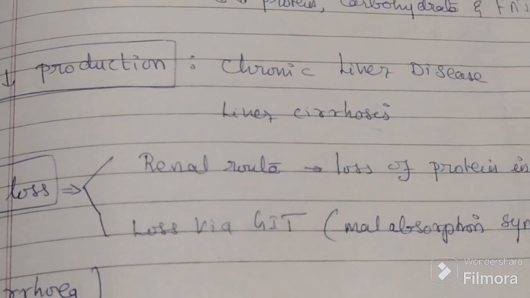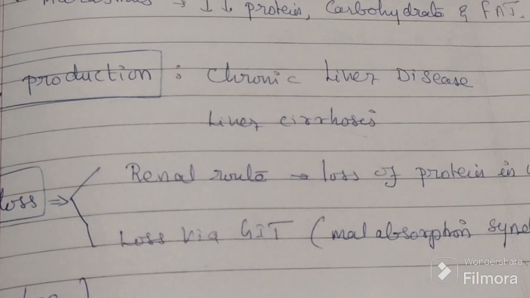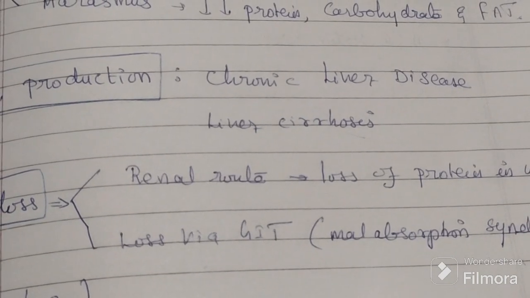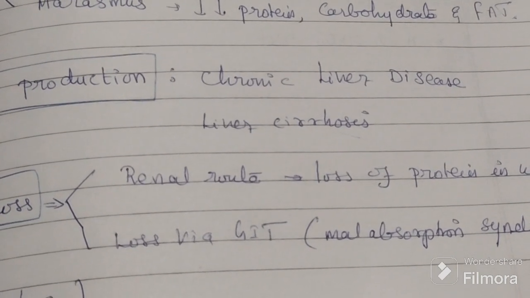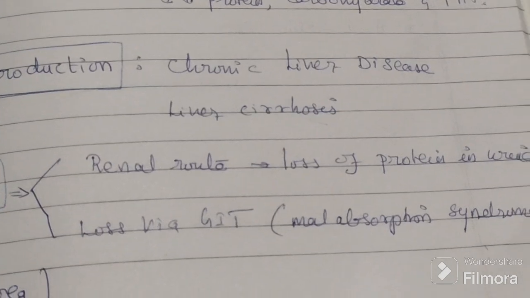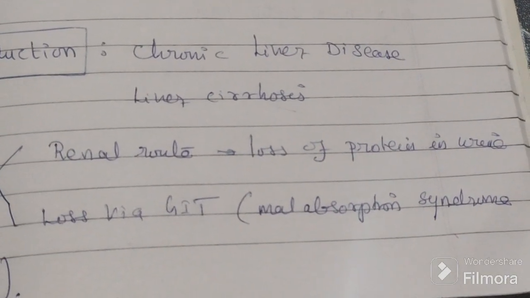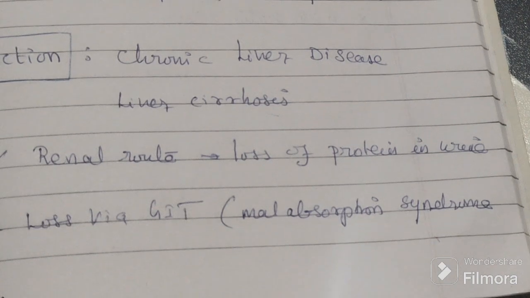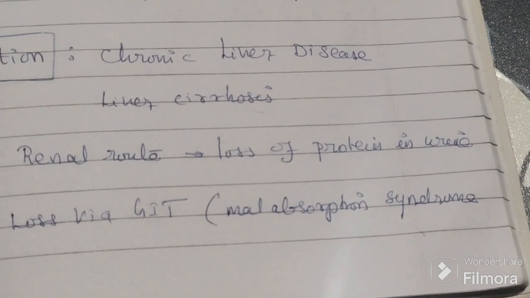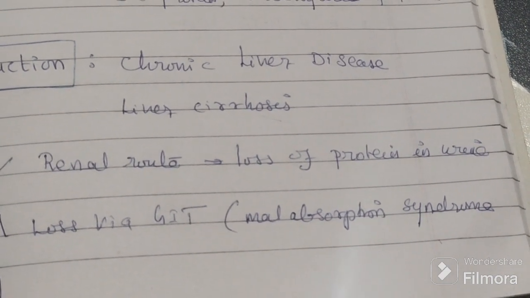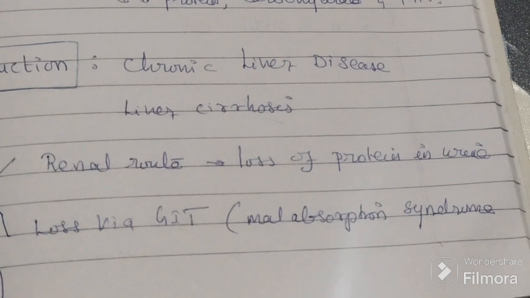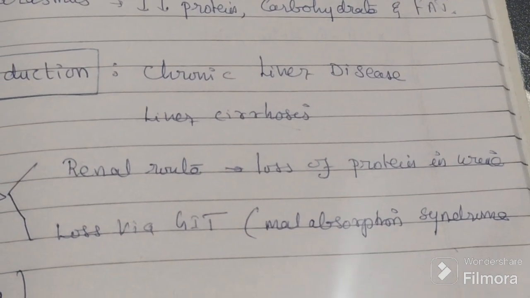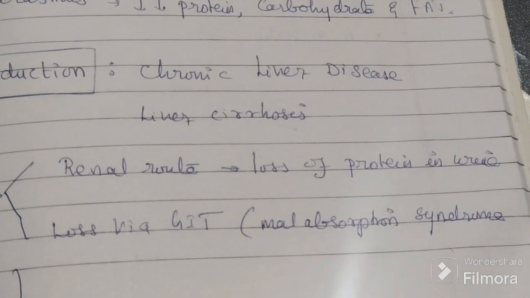Finally, increased loss. Loss can be either by the renal route or via the GIT. Renal route is loss of protein in urine. GIT is loss of protein through the gastrointestinal tract.